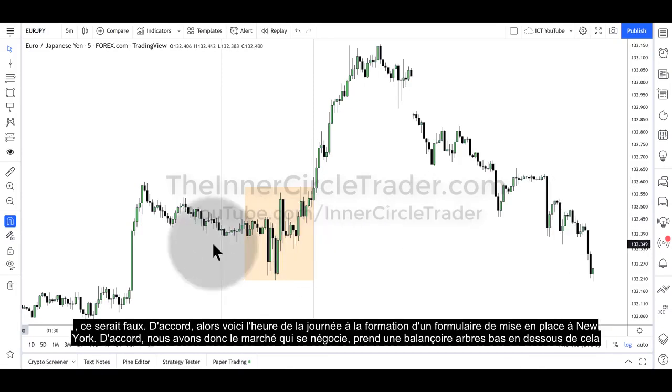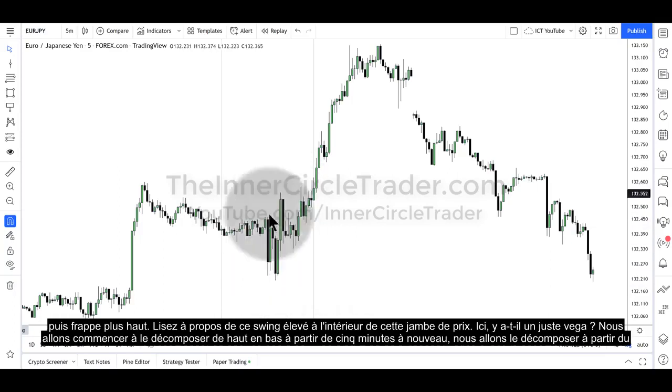So here is the time of day that the forming of a New York setup occurs. The market trades down, takes out a swing low, trades down below that, and then punches higher, right above the swing high. Inside this price leg right here, is there a fair value gap?